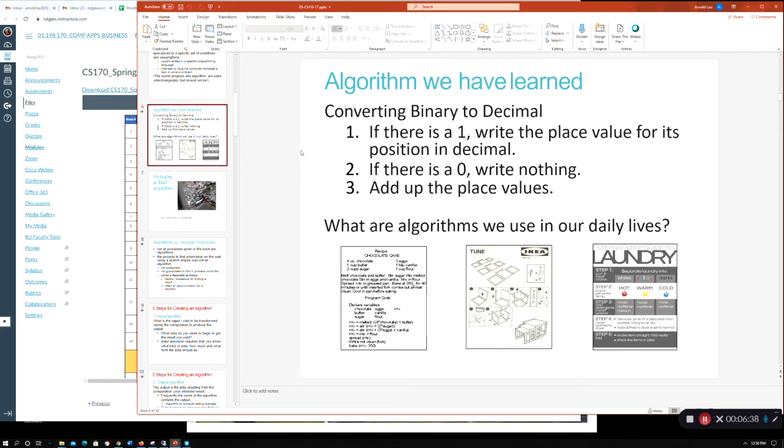For something like an algorithm for converting binary to decimal, it's fairly straightforward to take those steps and implement them into some sort of computer program or code. That's why I was able to implement it in the Excel spreadsheet. It's very clear steps, what you do with the input and what your output will be.